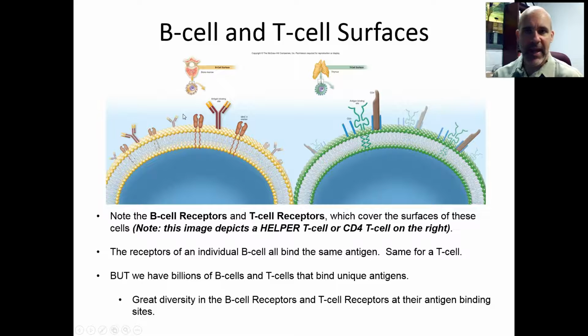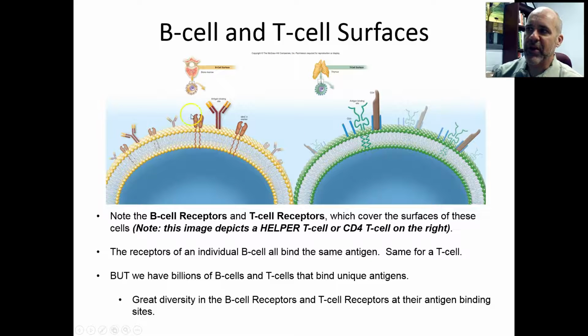And those probably look like antibodies to you, if you remember the Y-shaped antibody molecules that we talked a little bit about back in chapter 12, and we'll be talking a whole lot more about here. And they really are antibody molecules, but when they're on the surface of a B cell, they're called a B cell receptor. So that's a B cell receptor, that's a B cell receptor. And they're scattered around, so the surface of any B cell is going to be coated with these receptors.